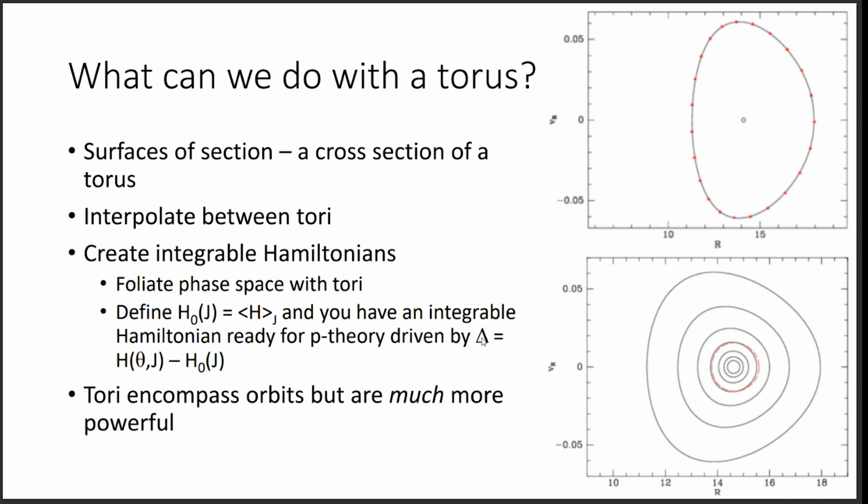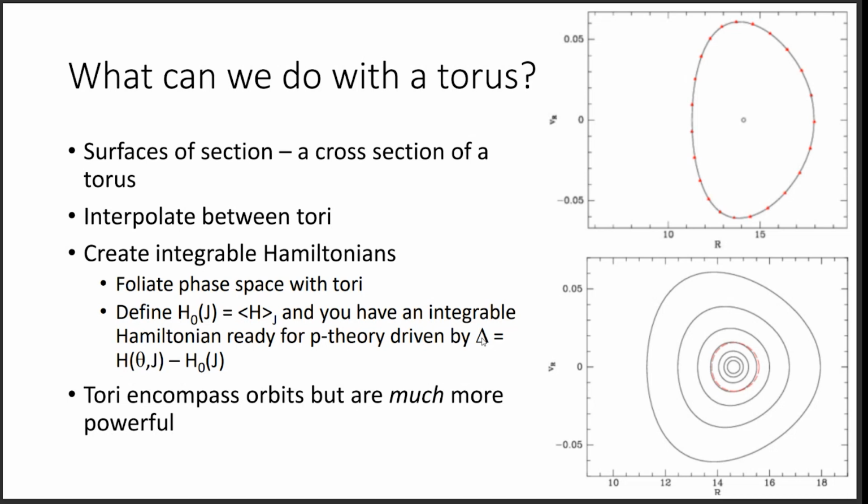And this is actually very important. There are practical applications of this which haven't been implemented, for example, to computing stellar streams in the galaxy. But the application that I'm going to talk about considerably is that it allows you to create integrable Hamiltonians. So what you do is you foliate phase space with tori.